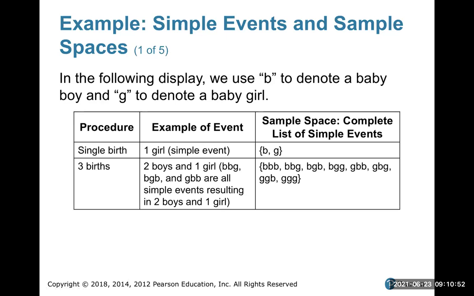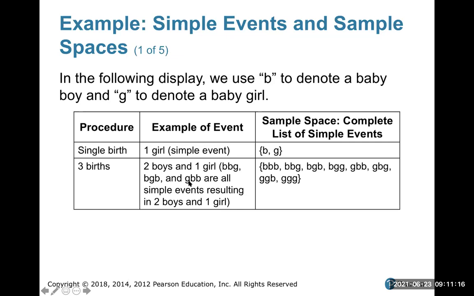And then out of three births, two boys and a girl could be BBG, meaning the first one is a boy, the second one boy, the third one girl. The first one boy, then girl, then boy, because there are three possibilities.